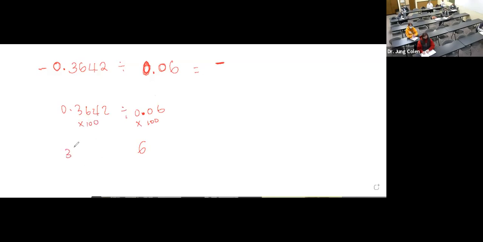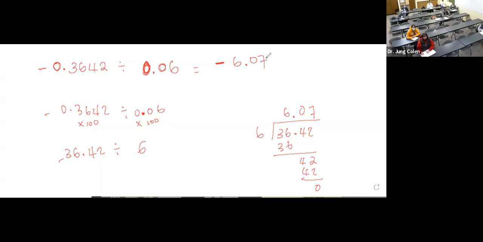What is it? 36.42 divided by 6. And 6 times 6 is 36. And 4, well, it's not enough. So you have 0 and drop down another 2, and you have 7 there. Right? It's going to be negative 6.07. Good? Okay, so we know how to do the division as well.